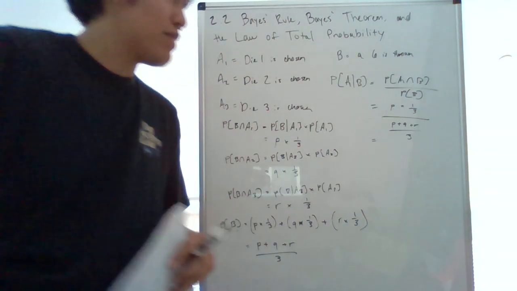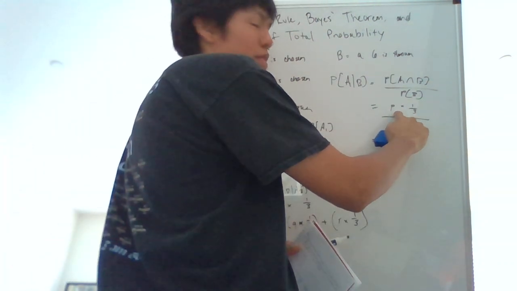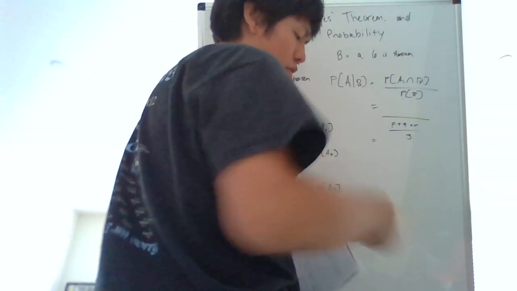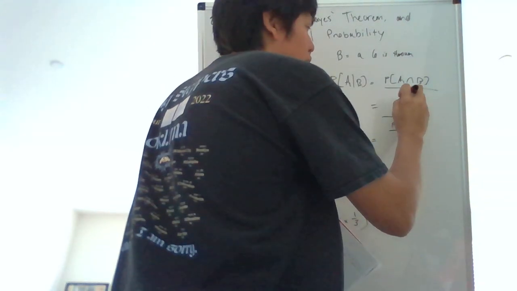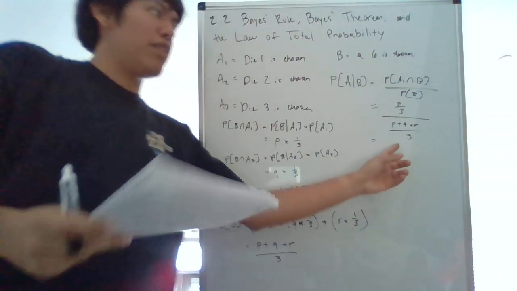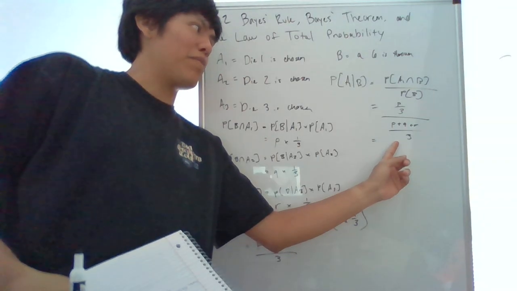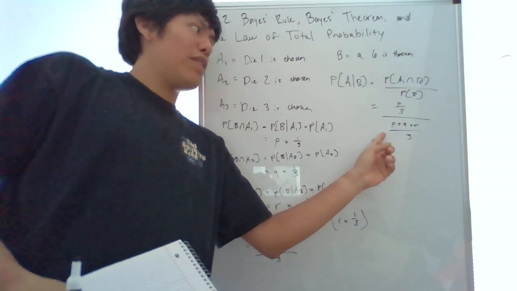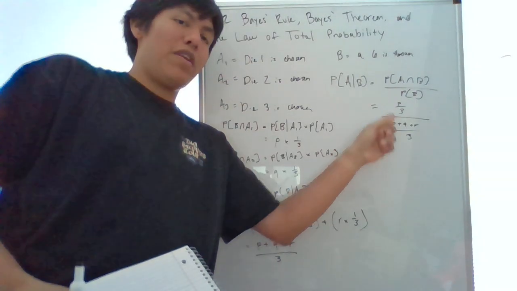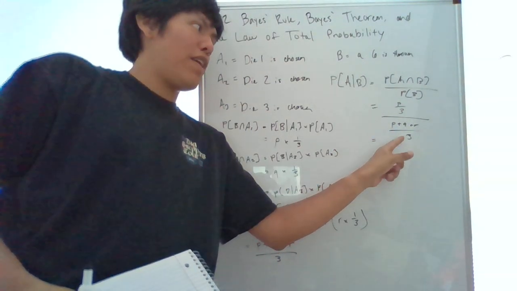Let me rewrite this top part. Remember, P times 1/3 is the same as P over 3. Okay, this is too many fractions and doesn't look very good, so we can clean this up a little bit.